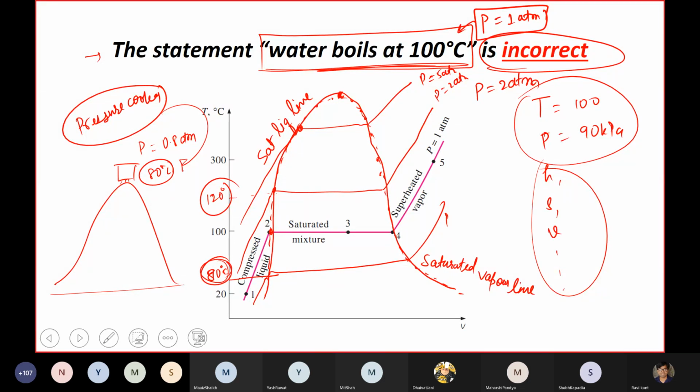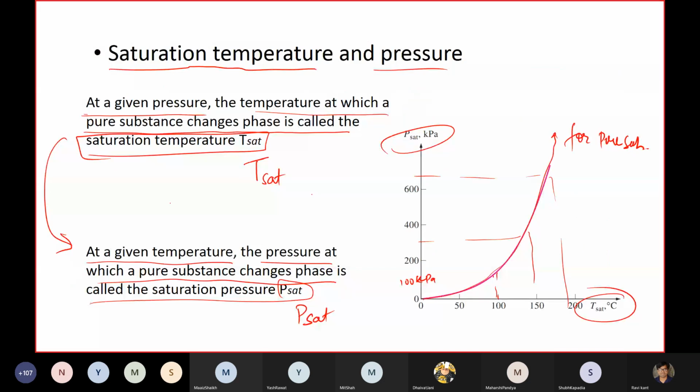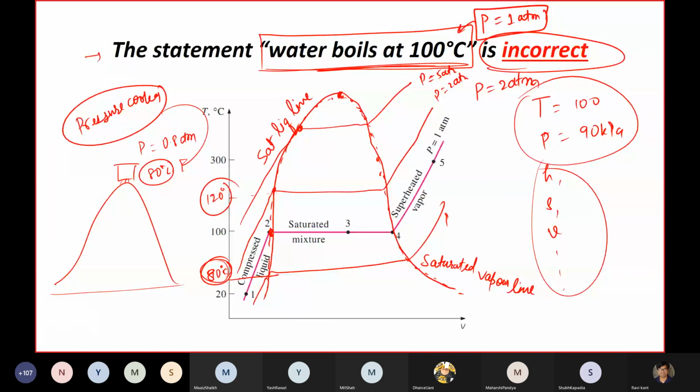One more thing I want to talk about. This temperature and its corresponding pressure is called the saturation pressure, and this is called Tsat, because this is the saturation condition, all these points.